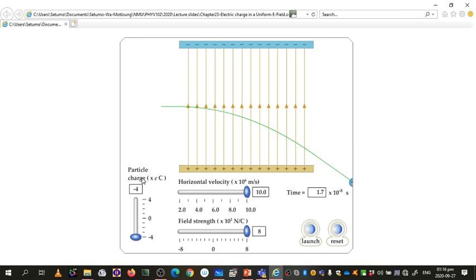Now, suppose I also make this particle neutral. If it's a neutral particle and I launch it, do you see? A neutral particle is not going to be influenced or affected by the region of the electric field.